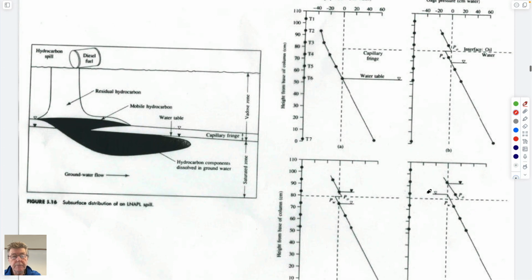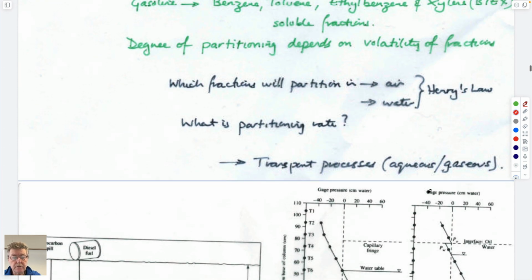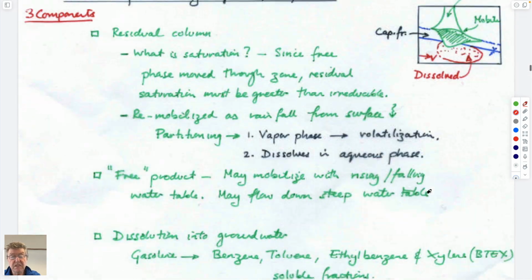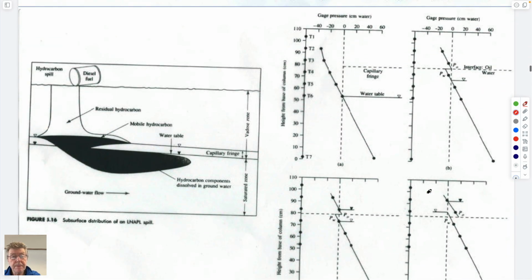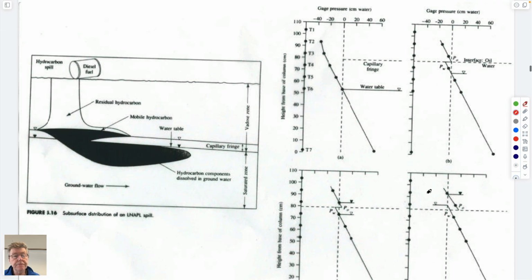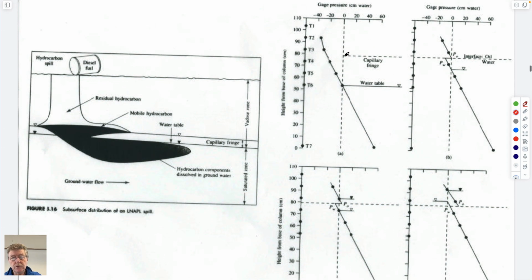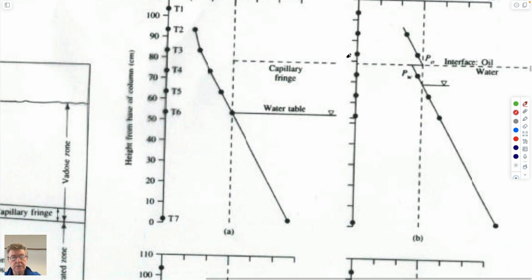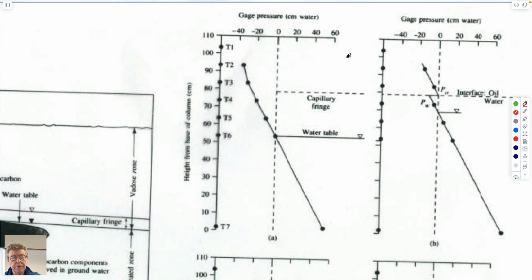If we look at the same system, I think it's, well, perhaps it's not the same system, different heights. If you look at a similar system and look instead of at the saturation distributions, but in terms of pressures, I guess this is in a different sequence, same idea as before. So you start off with the water table.